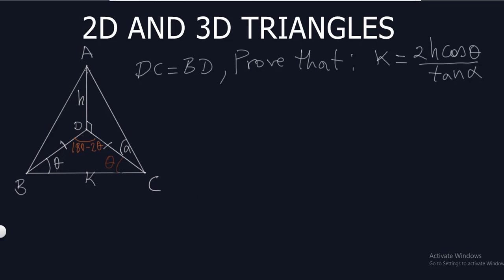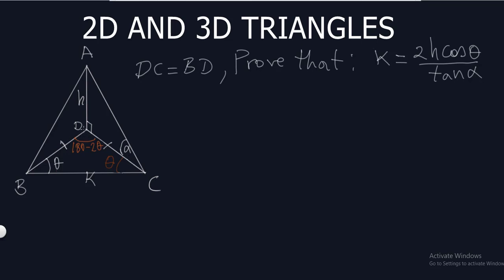Here we have a right angle triangle ADC, the side AD represented by H. And then we have an angle made by the side DC and the AC, the angle alpha. So this is a right angle triangle. You solve it by using a trigonometry ratio, okay?